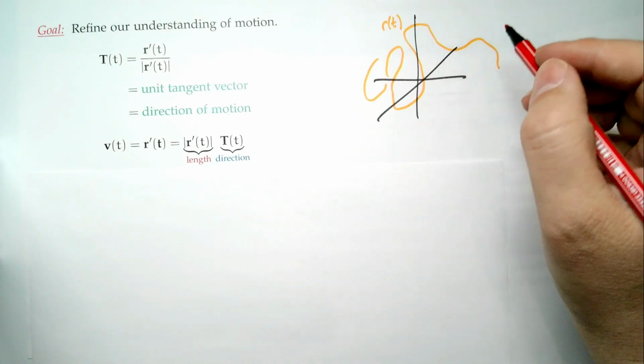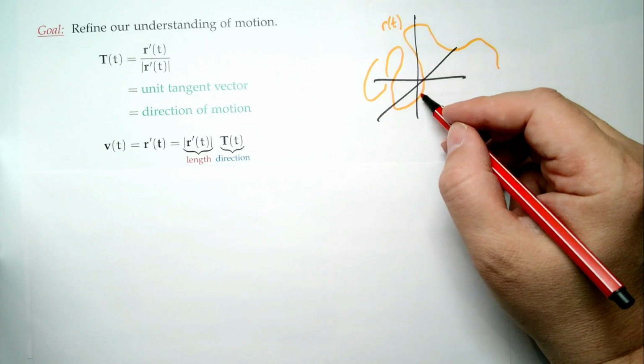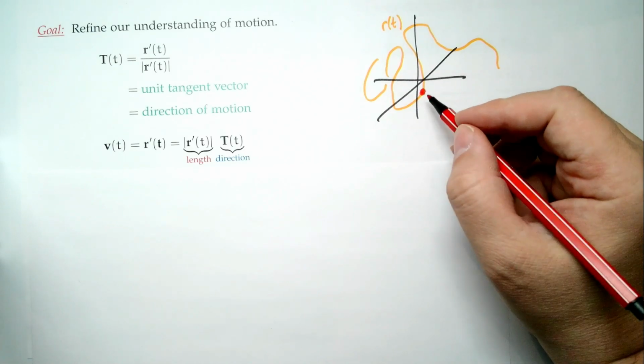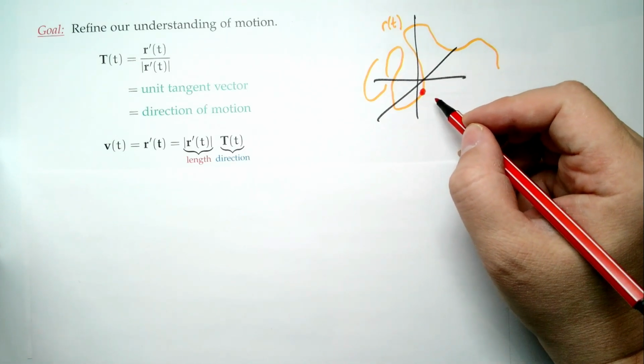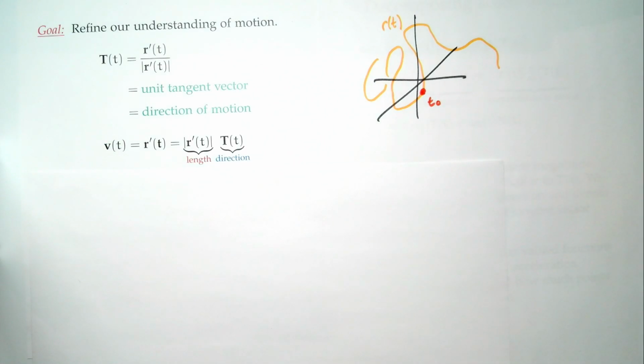So we can ask about what's happening at a particular point. Say, maybe, let's go down here. Here's this point of a particular value, t naught. And I can ask, well, what's happening? What's the behavior? And one thing I can ask is, how is the particle moving? What's the motion? So motion, there's two aspects to it.